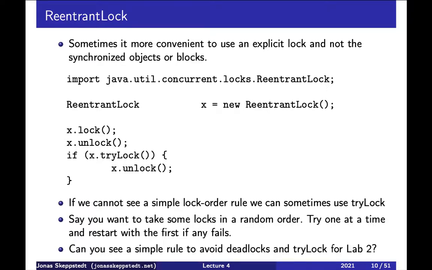Say we have these two nodes U and V, and if all threads take them in the same order, then there can be no deadlock. But if one takes first U and the other V, okay, by U and V I mean the real objects, not the variables.